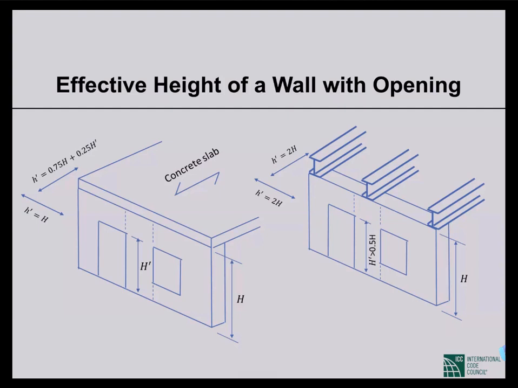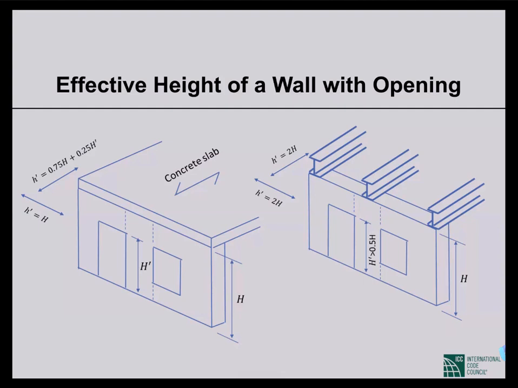So in the plane of the wall, for the continuous support, the effective height is height of the wall. And out of the plane, the effective height will be 75% of the height of the wall plus 25% of the taller opening, or the opening having greater height. 25% of that will be added to the height.